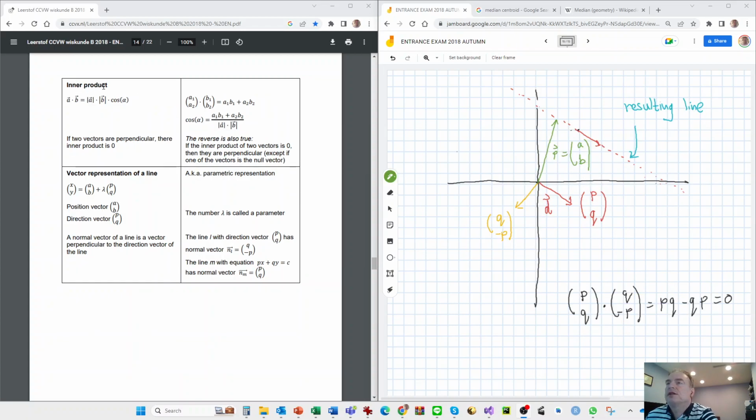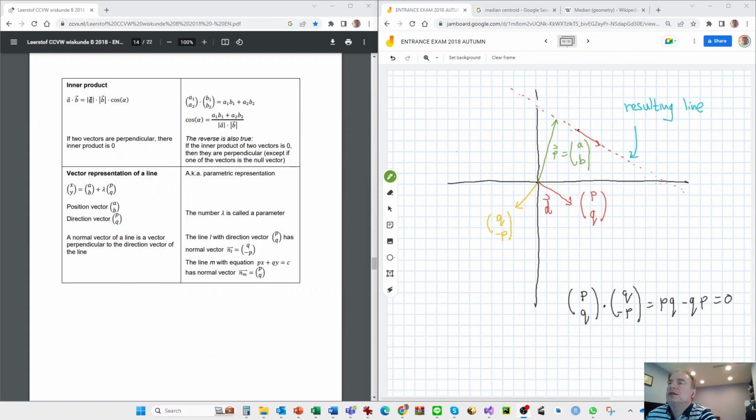Then for vectors you can define the inner product, which is given, if you write the vector into components, as just the sum of the products of the different components. So this you definitely have to remember, as well as the equation for the inner product. In particular, since this can be easily used to find the angle between two vectors.